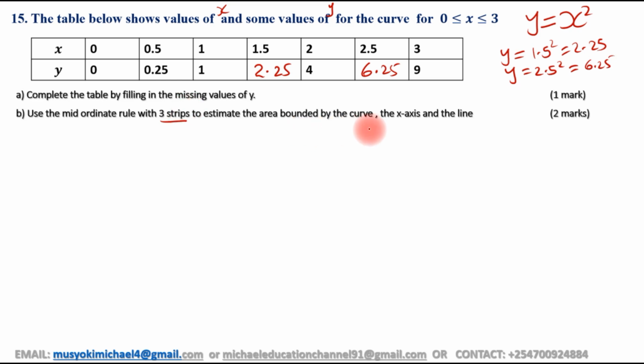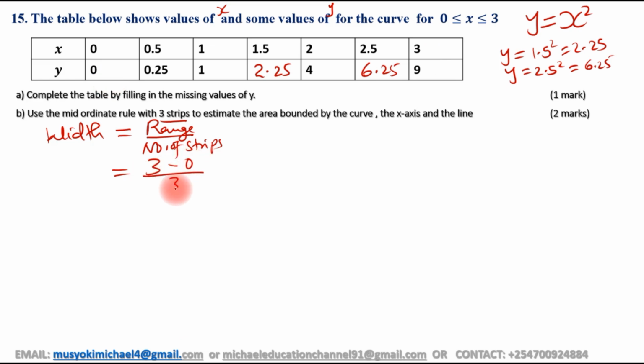Then we use the mid-ordinate rule with 3 strips to estimate the area bounded by the curve, the x-axis and the line. For us to use the mid-ordinate rule, we need to get the width of the strip, and to get the width we need the range of x, and then we divide by the number of strips.